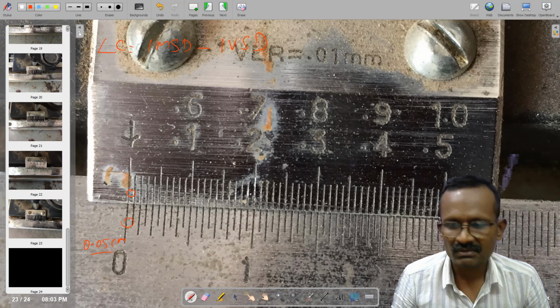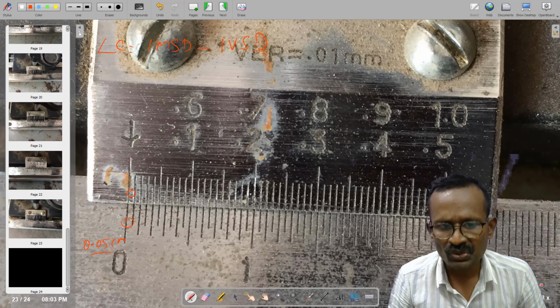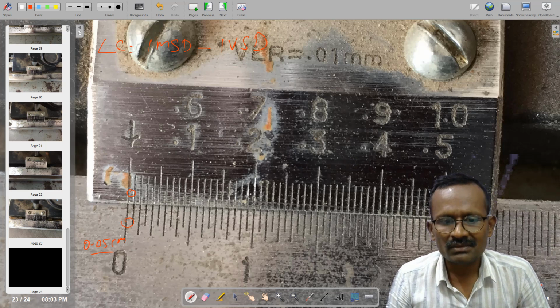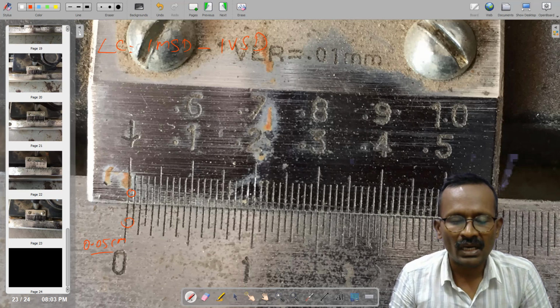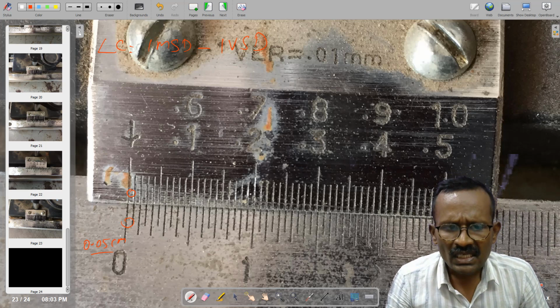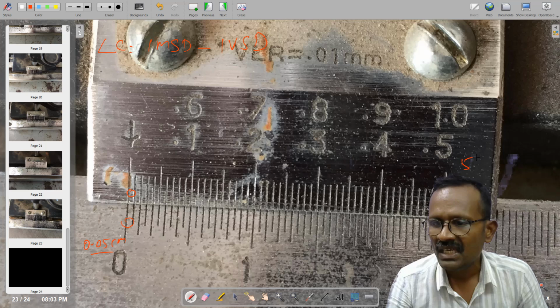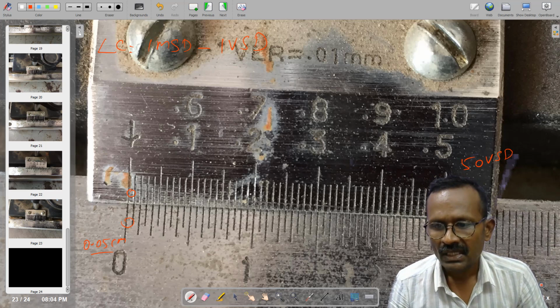What about this gap? We don't know. So we should go for another way. See, there are 50 divisions, 50 vernier scale divisions.